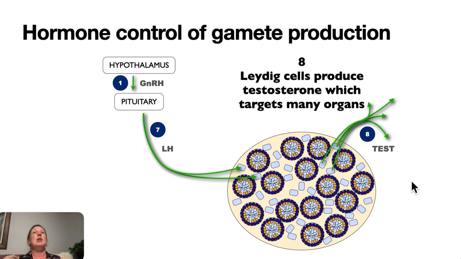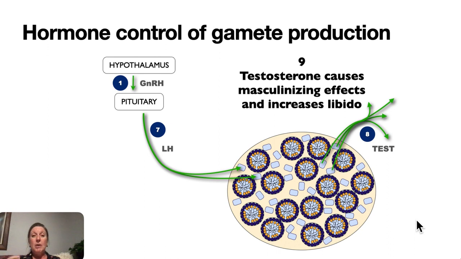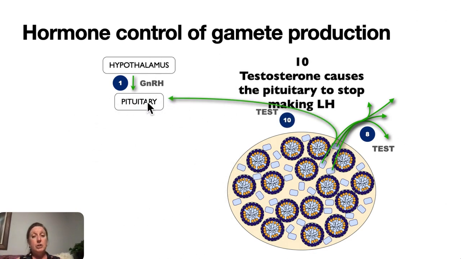Now, testosterone targets lots of organs all around the body, and we've talked about some of those effects. We don't have time to talk about all of them, but it has a wide area of activity. But the main thing we want to focus on here is what controls the level of it. So in addition to all the other things that testosterone does, it also goes back to the pituitary.